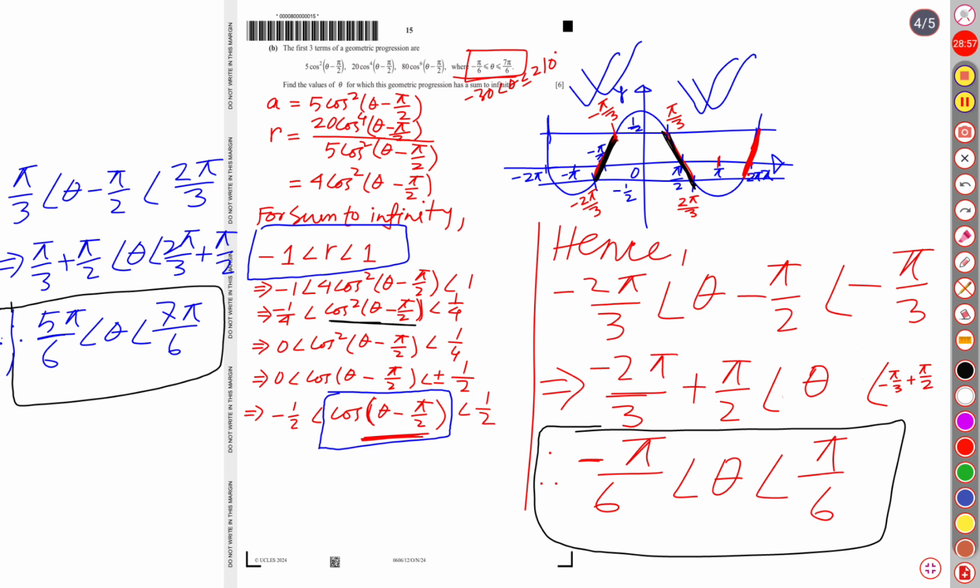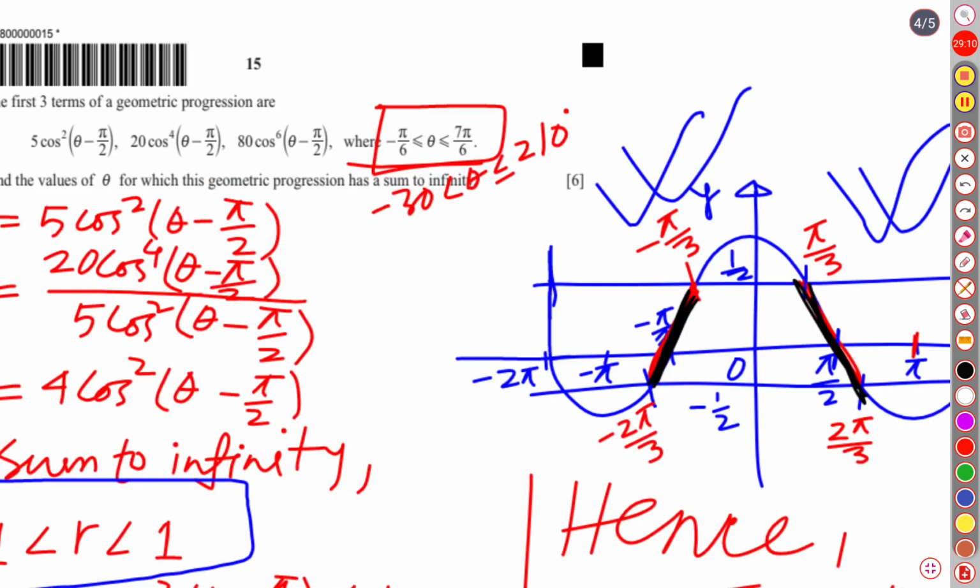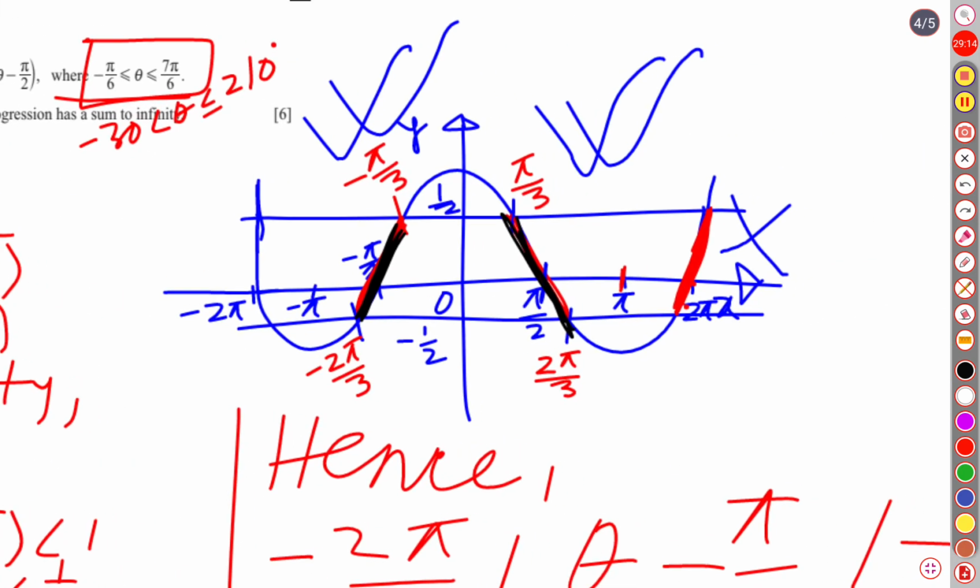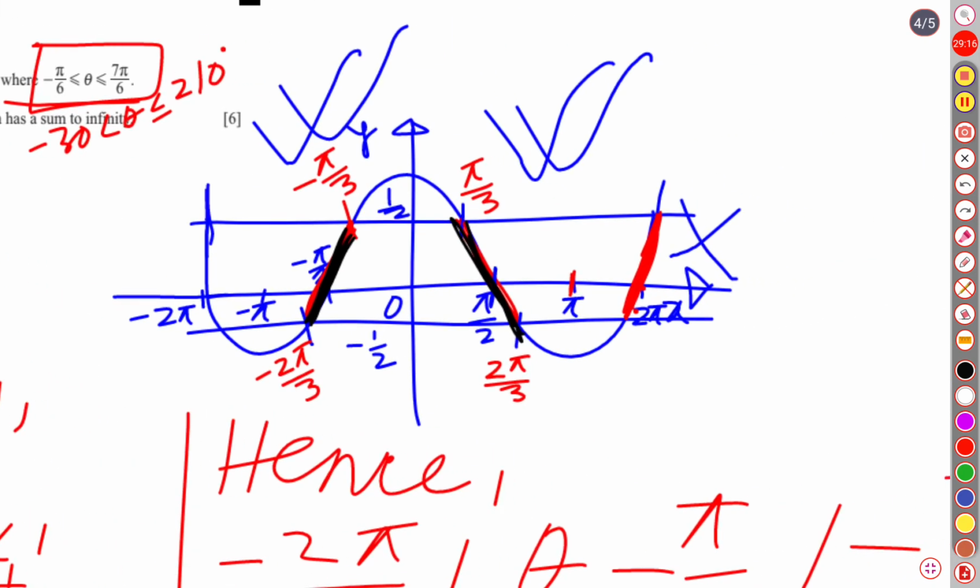After that, we have found the first two ranges, because the third value has been rejected. Why did we reject it? I have explained that our domain is here. Let me show once again. Our domain is from -30 degrees until 210 degrees. It is beyond our domain.